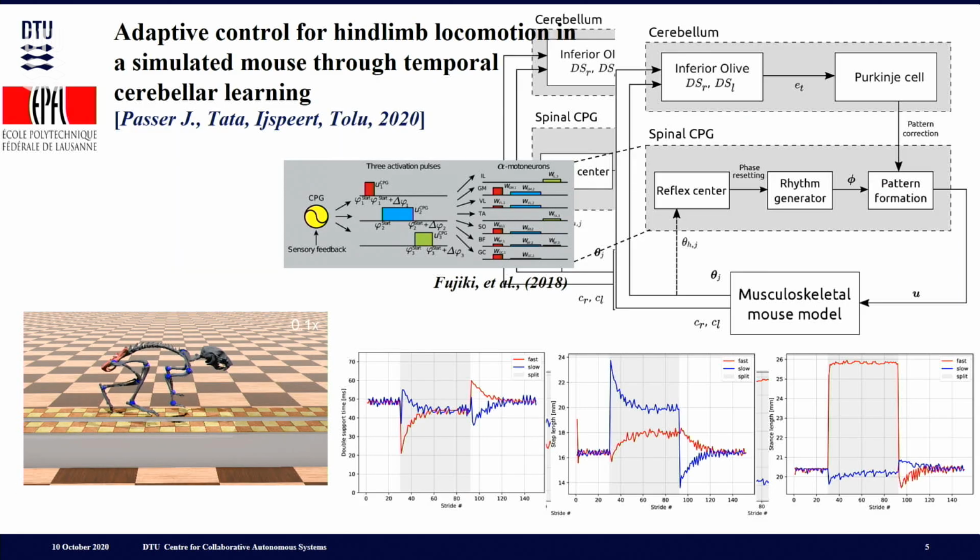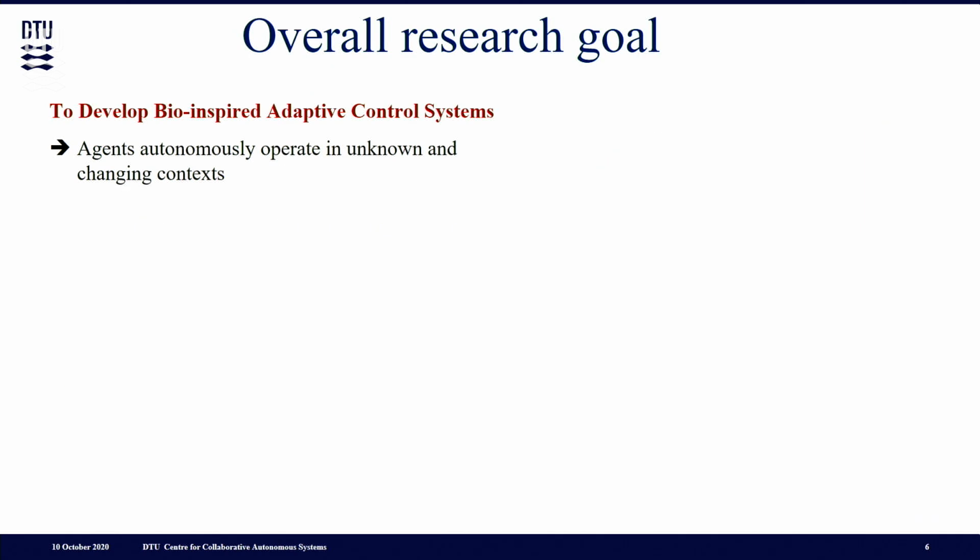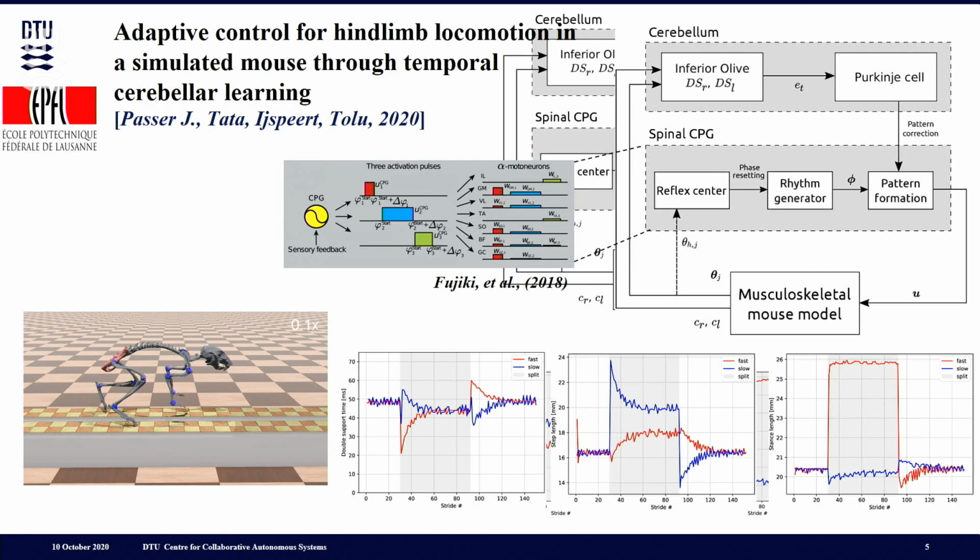Here is an example of work we have done. It's about adaptive locomotion for hind limb locomotion of a mouse. You can see here a musculoskeletal model of a mouse.